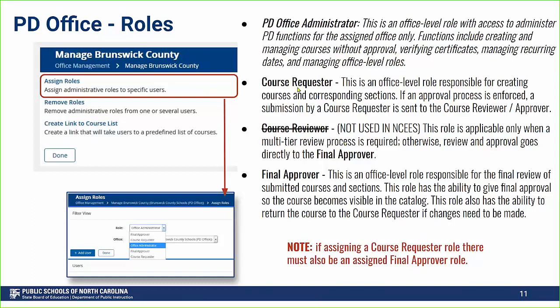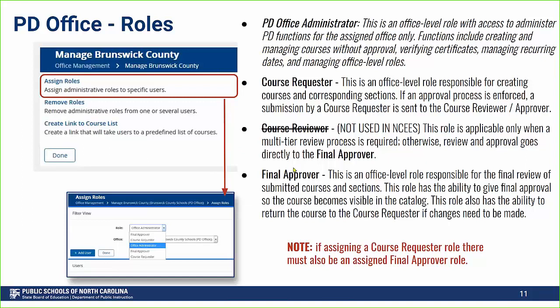The next one is the course requester. That's an office level role, and they can create courses and their corresponding sections. They submit those for approval. The PD office administrator cannot approve a course requester's course. It has to be a final approver. Now, the PD office administrator can also be a final approver, having two roles.